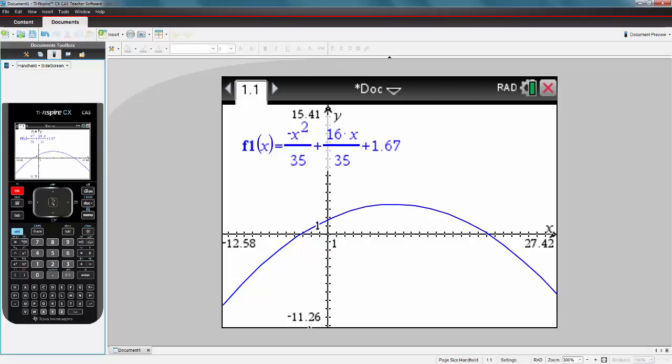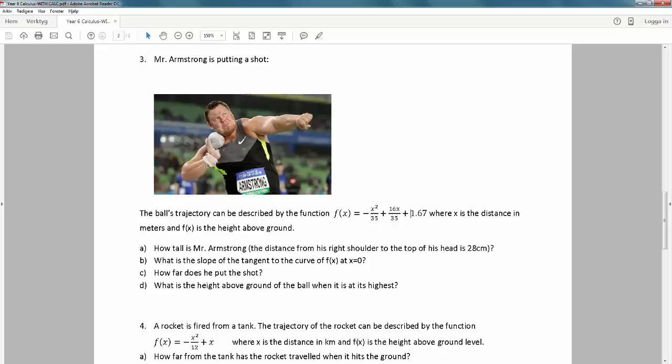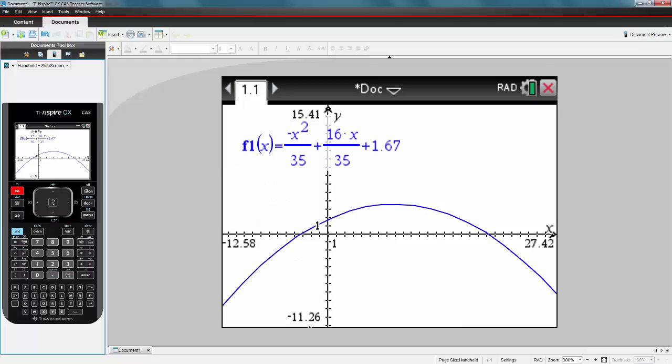Let's go back to the question and see if we can understand it. How tall is Mr. Armstrong? The distance from his right shoulder to the top of his head is 28 centimeters. So from here up to the top of his head it's 28 centimeters. The ball is located at the y-intercept. Where is that?